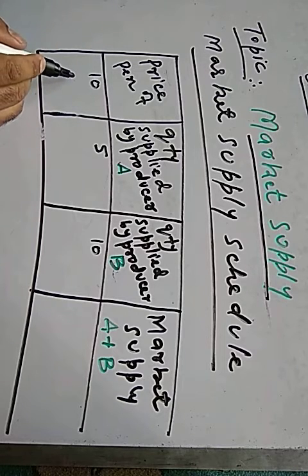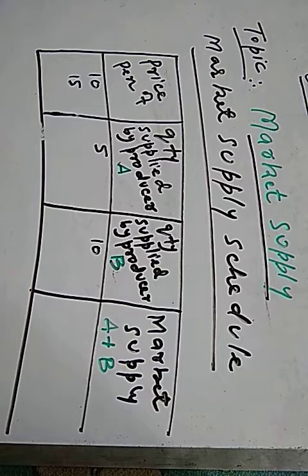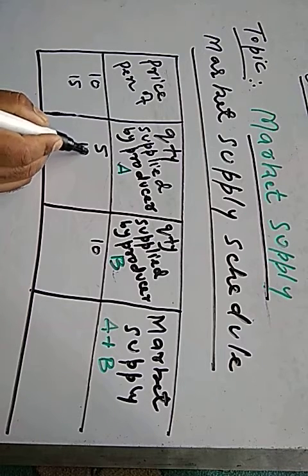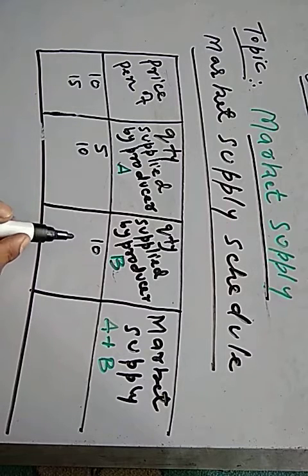When price increases to 15, supply by producers will also increase because it will increase their profit level. Then in case of producer A and in case of producer B, it will increase, for example, from 10 to 15.